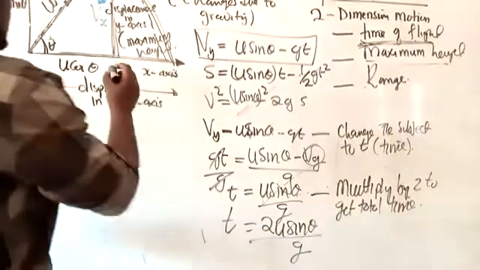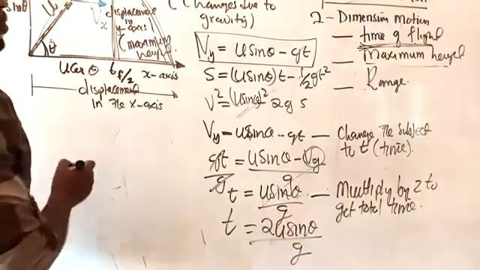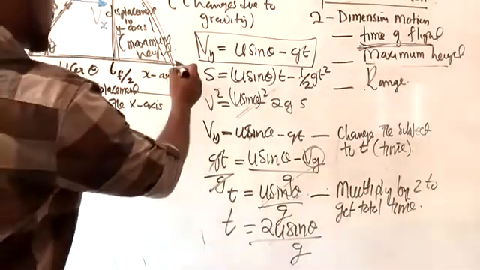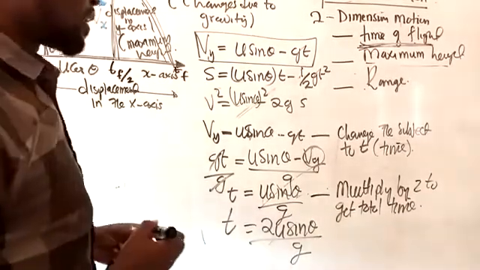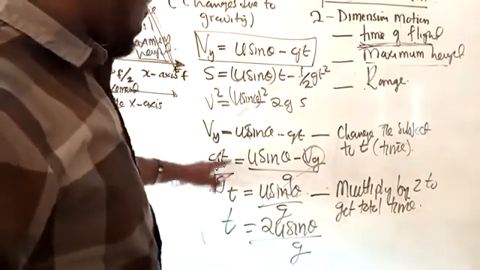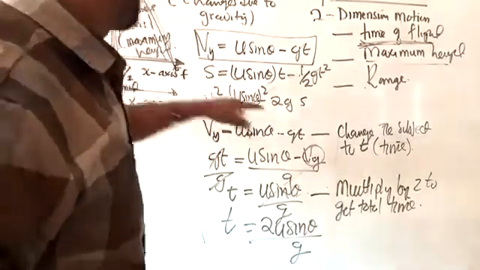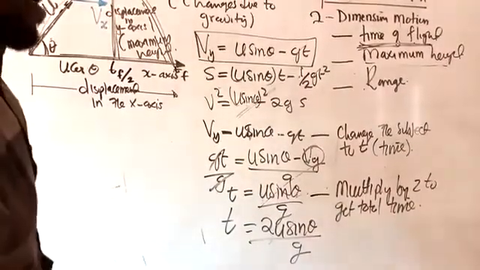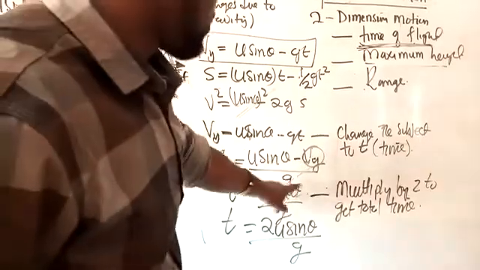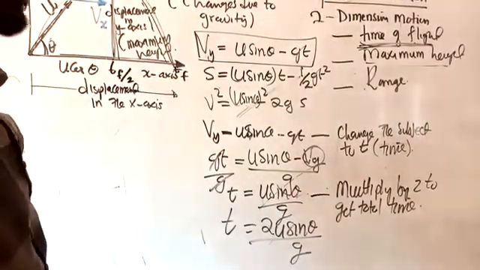So at maximum height, it's the same as saying TF, the time of flight, divided by 2. If you multiply by 2, you get TF, the time of flight. So in this case, we made Vy equal to 0 because we're looking at maximum height. The object is no longer going further up. So that becomes 0, and then you have 2u sine theta over g.